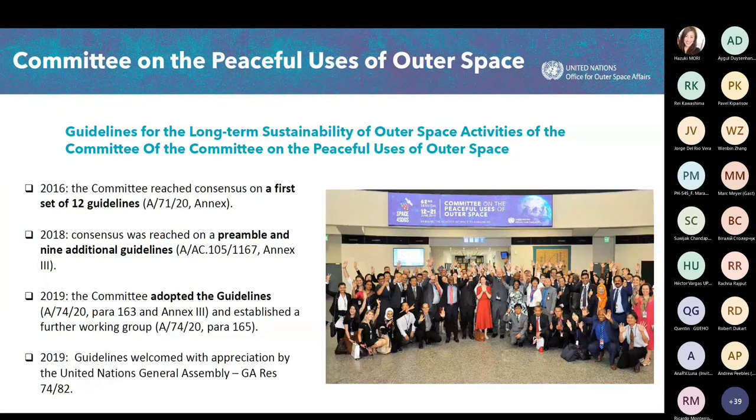At the same time, it recognized the ongoing importance of the topic, and it established a further working group. The guidelines were also welcomed at the UN General Assembly level, which is important to note because it means they're recognized as important not just by the countries that make up COPUOS, but by all the countries that are a part of the UN.